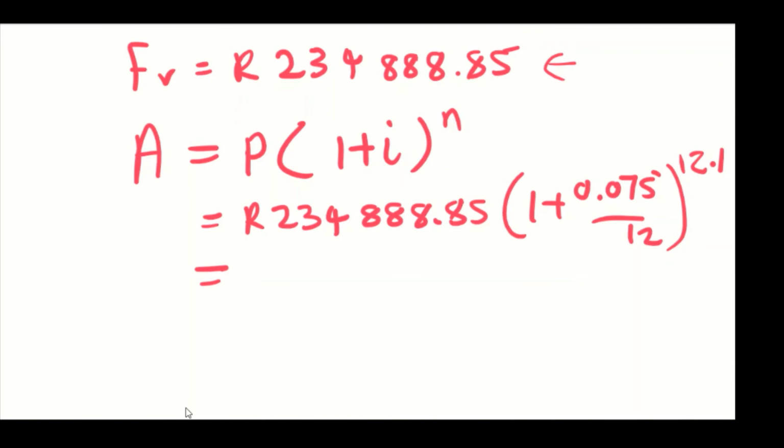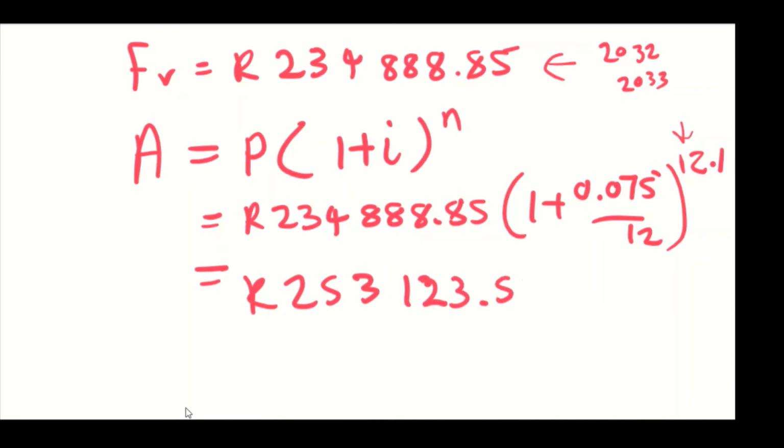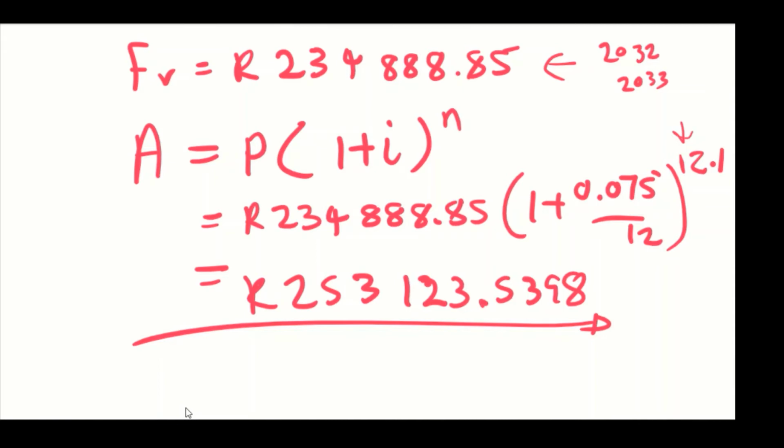So this 12 will convert into months, so we can write 12, or you can write 12 multiplied by 1 because it's 1 year, from 2032 to 2033. So punch this in your calculator and you're supposed to get an answer of 253,123.5398.